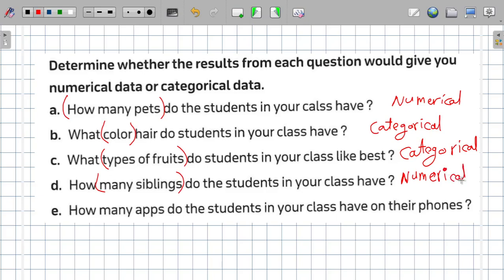Okay, the last one here, how many apps do the students in your class have on their phones? So I'm asking here about numbers of apps. So I think it will be numerical data.